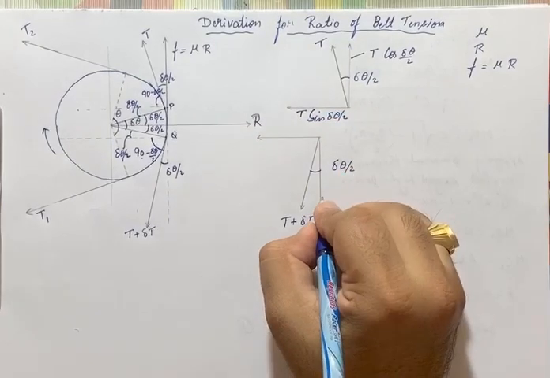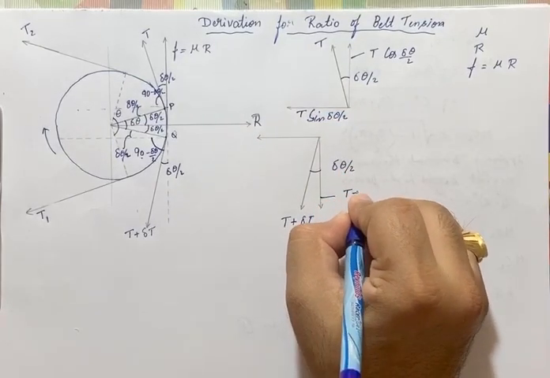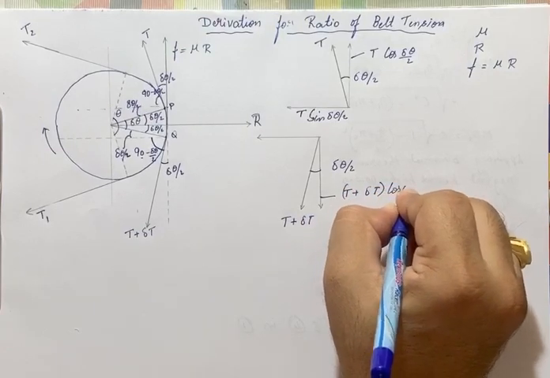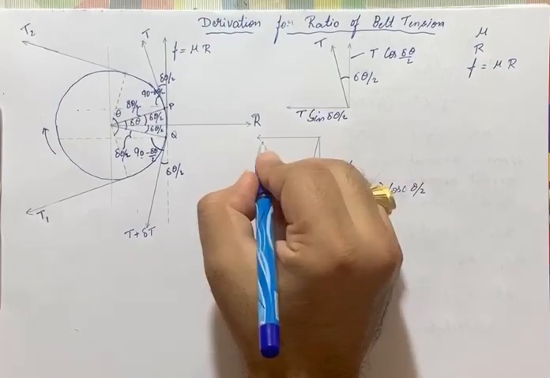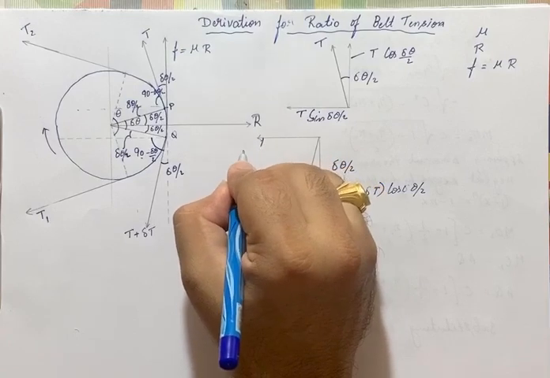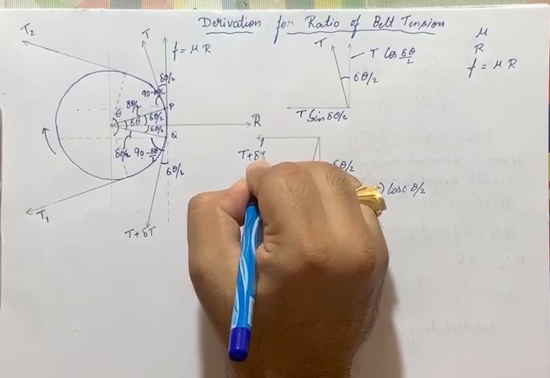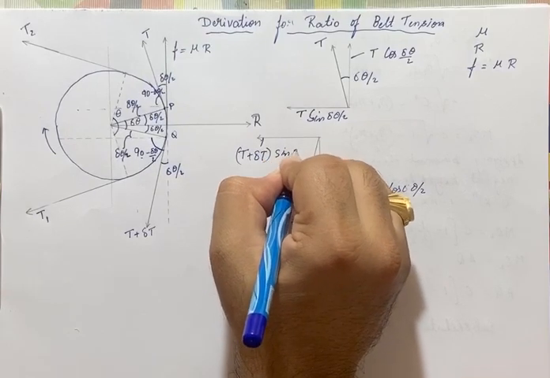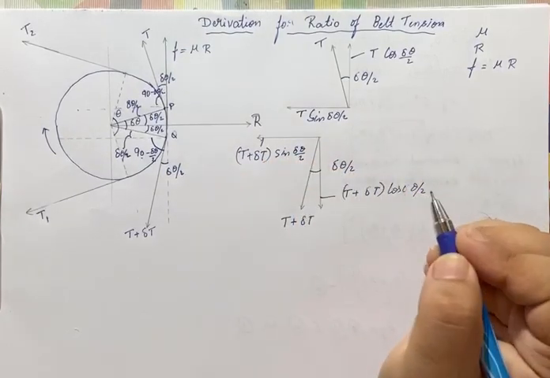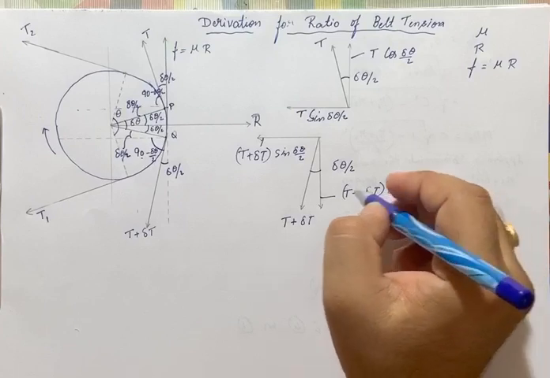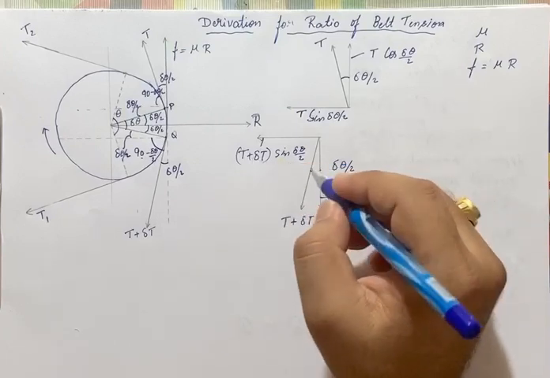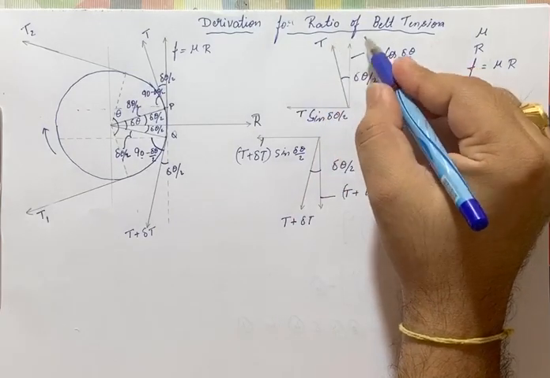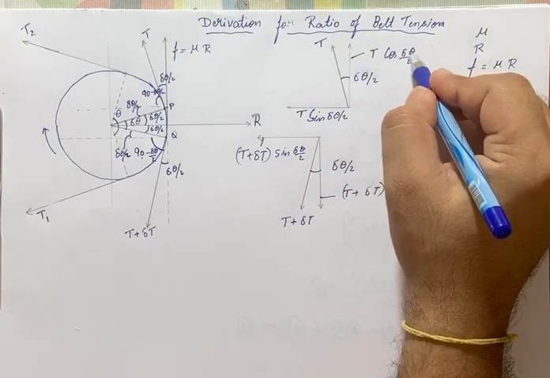Similarly, this force becomes T plus delta T into cos delta theta by 2, and this side becomes T plus delta T into sin delta theta by 2. These are the forces resolved into horizontal and vertical components.